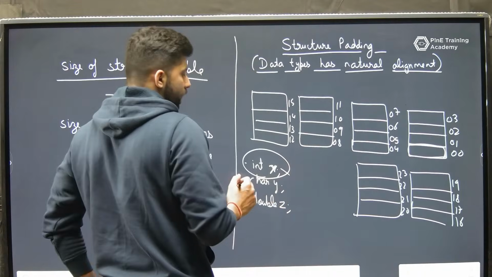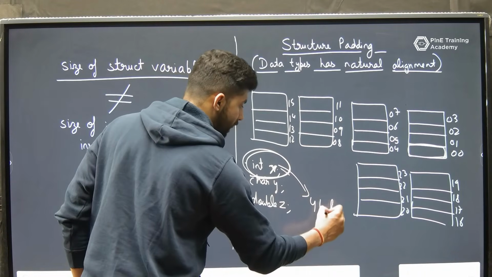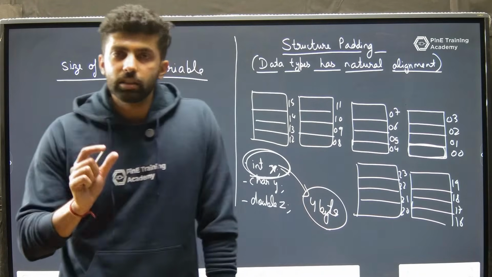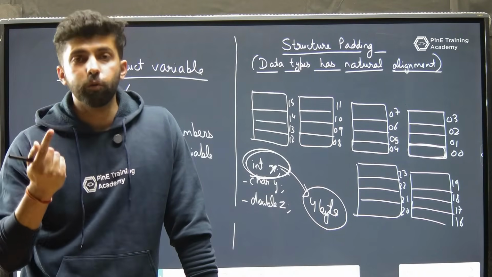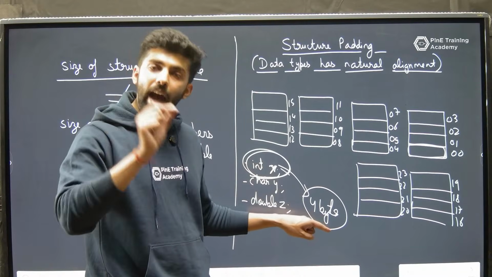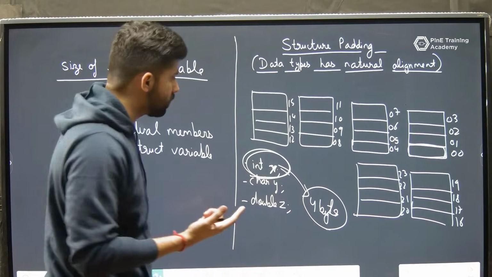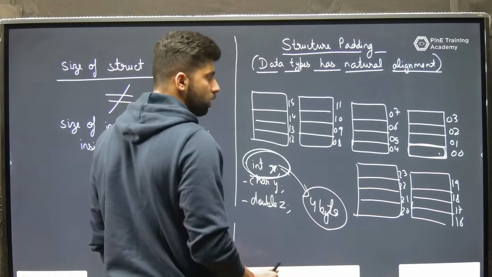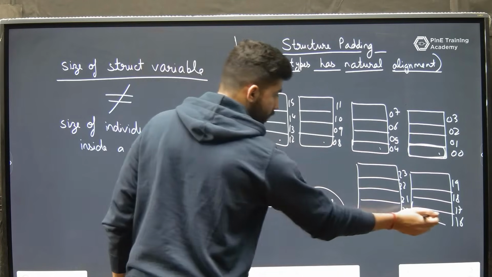Okay, so we are assuming that these are the addresses of each particular block. What happens is that since integer takes 4 bytes, the integer is stored at a particular address which is a multiple of 4. That means integer can be stored from here, from here, from here.